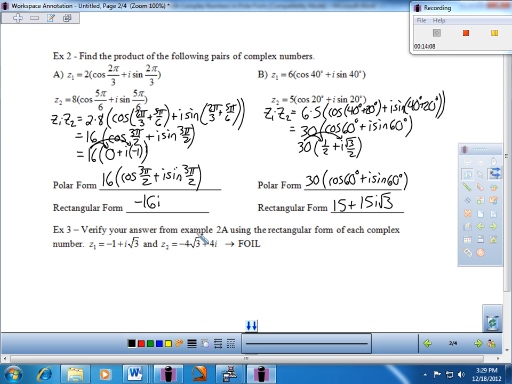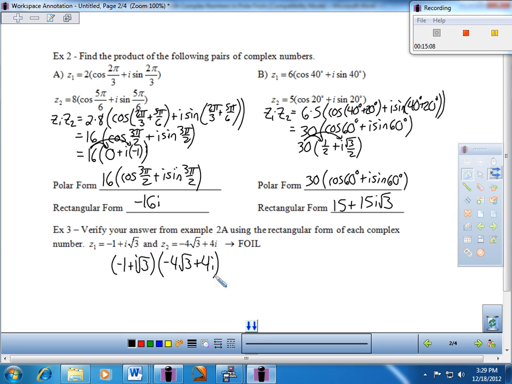Now, again, I'm just trying to make a connection from Pre-Calc 1. But basically, what if I asked you to multiply those two numbers in rectangular form? So that's all I'm asking, to verify our answer. So in this case, convert and then see what we get as an answer when we multiply them together.